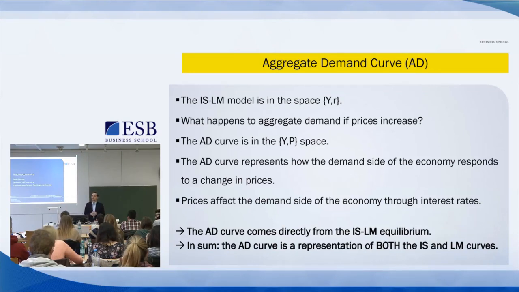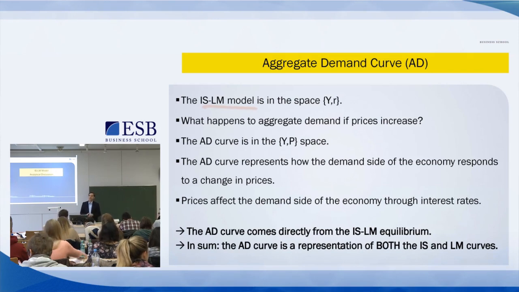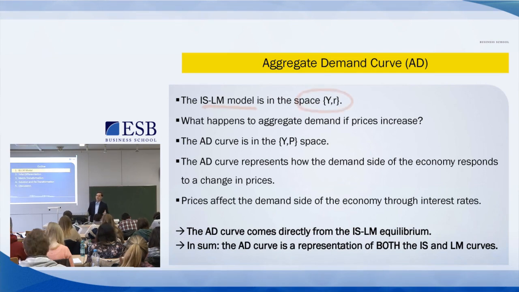Well, first of all, we already learned a lot about the ISLM model, the investment saving liquidity money model. And this model was represented, as you remember, in a space of income on the horizontal axis and the interest rate on the vertical axis. What we will see, the key difference in the ADAS model is that now income once again is on the horizontal axis, but on the vertical axis, it's not the interest rate.